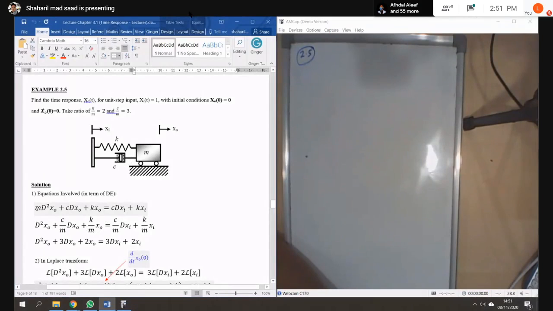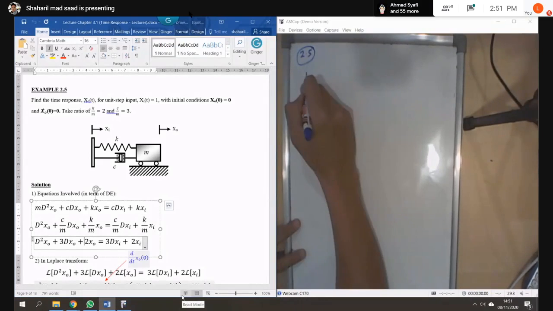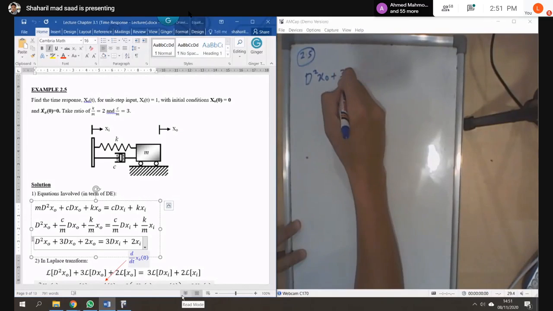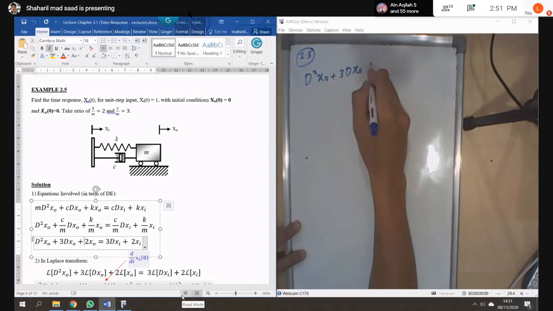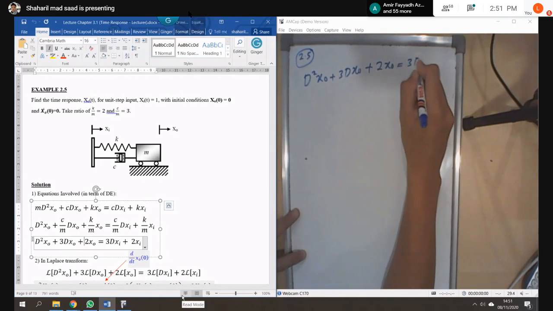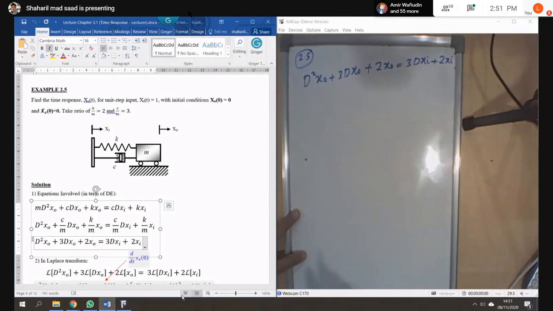So we got it like this, and then you apply the C over M. It gives you 3K over M. You solve it, then you got this kind of equation: D squared x naught plus 3Dx naught plus 2x naught, in the time domain, equal to 3Dxi plus 2xi.